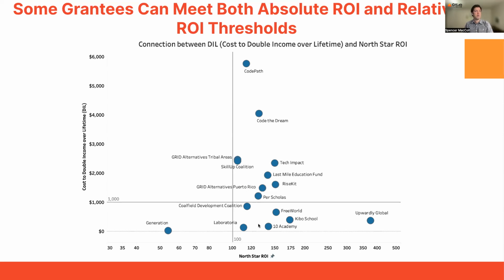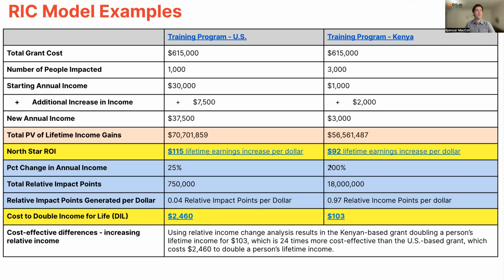So what we're going to be exploring is where do we want to put these thresholds going forward? And are we going to combine the ROI in an absolute way and in a relative way, or just look at the relative model over time? I'm not going to go through this example in detail, but feel free to click on the links in the presentation itself. What we're showing here is that a model that would generate 115 ROI in the absolute ROI model would not make that 100 threshold for the Kenyan program.